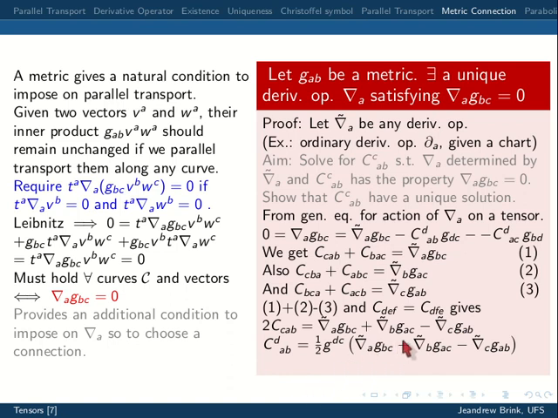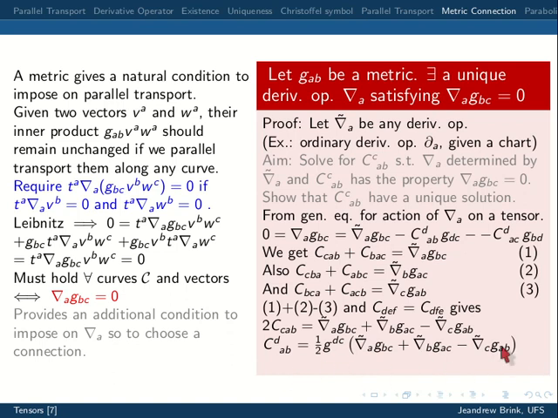Okay, and so what that means is that you can get an expression for these C's, B, A, D, in terms of this operator, which we can take to be just the ordinary derivative operator applied to the metric. If you're given the metric, you work out the ordinary derivatives of the metric, of the indexes.